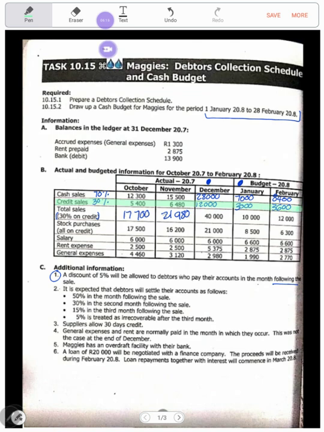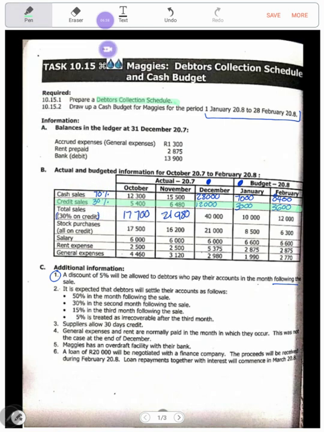The rest for now will be there, but your focus is your credit sales. Remember, when you sell on credit, you gain a debtor. And we want to work out how we are going to be collecting money from our debtors who we sold to on credit.